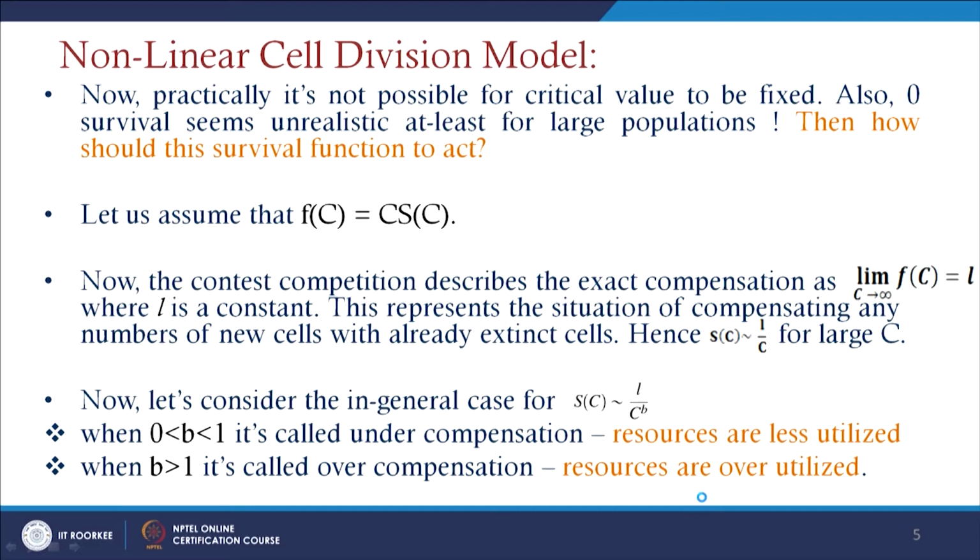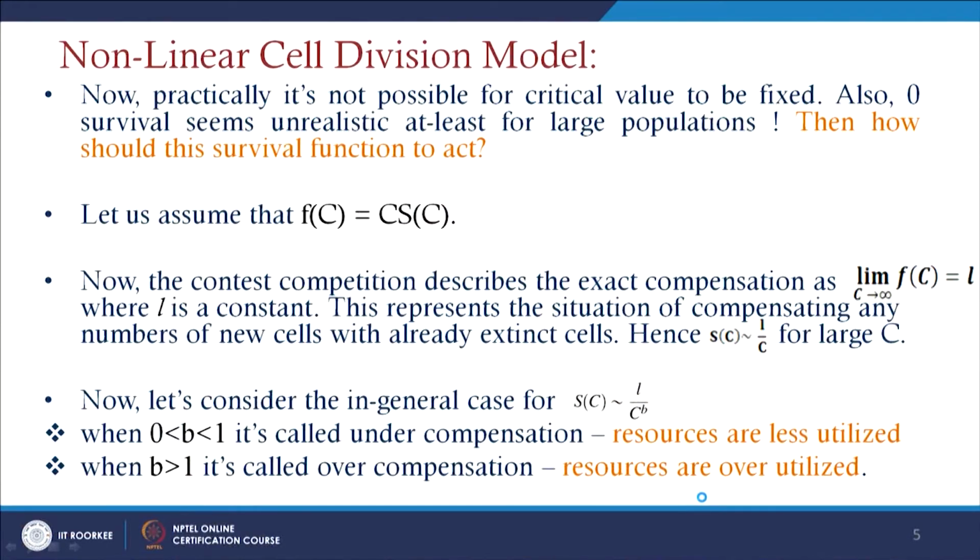Let us assume that the survival function of the cells, S(C), is the number of cells satisfying these survival conditions. Now, contest competition describes the exact compensation as the limit of C tending to infinity, F(C) equals L, where L is a constant.